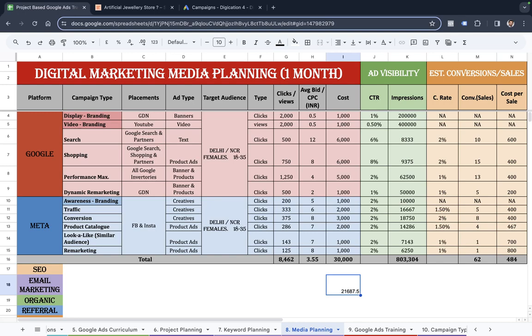So we are not even recovering the cost of the project. The revenue is very, very low. And trust me, this will happen in most media plans, and your clients will not like it. Your agencies will not like it. They will always complain how you can make a plan where the cost per sale is higher than the product cost, or the revenue is not even what we are spending.